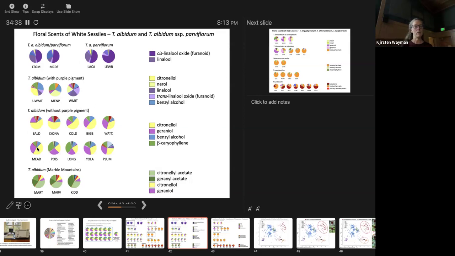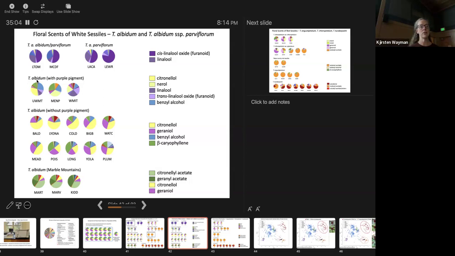We've got populations up here in the Bald Hills, in Oregon, in the Klamath Mountains at higher elevations, and even down in the Sierra Nevada foothills. So even with that large geographic range, the Trillium albidum without purple pigment group seems to have a consistency in their floral scent. And so I think that says something.